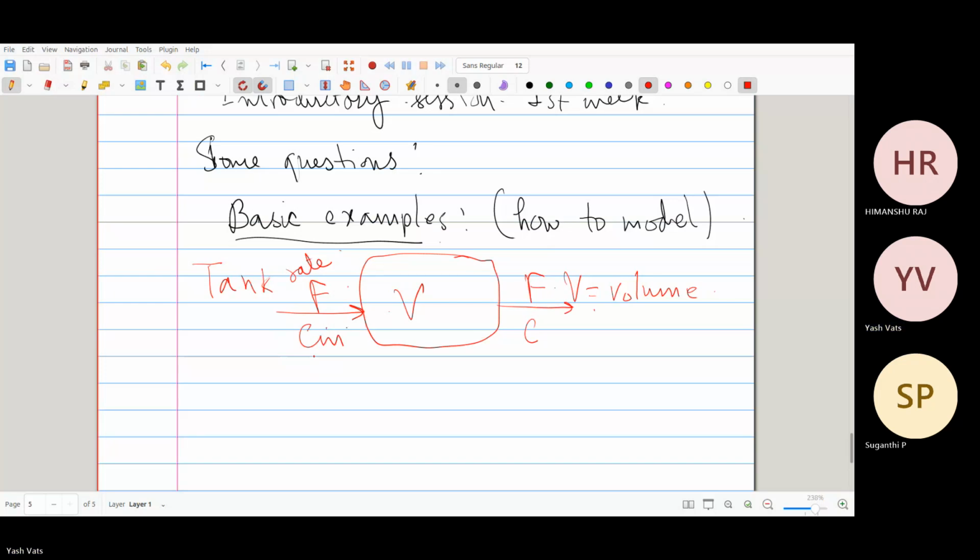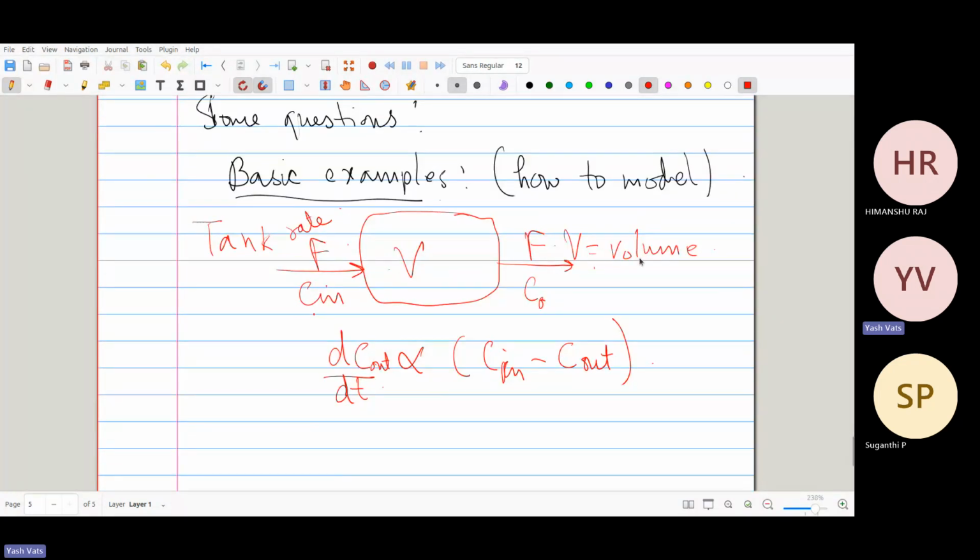So how do you model this situation when water is coming into the tank and going outside with some flow rate? The change in the concentration of the water is directly proportional to C in minus C. I model the C out. How does the outside concentration change?